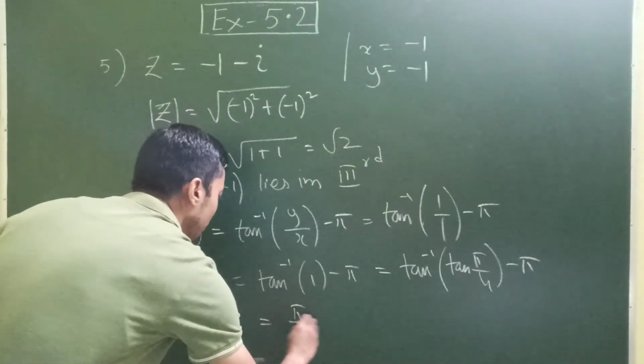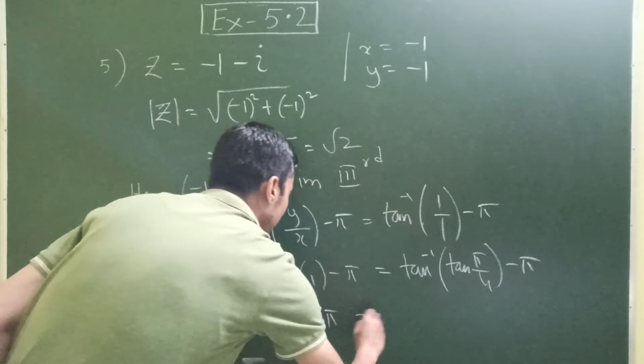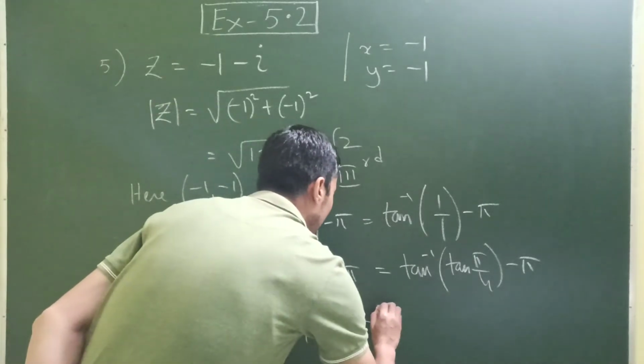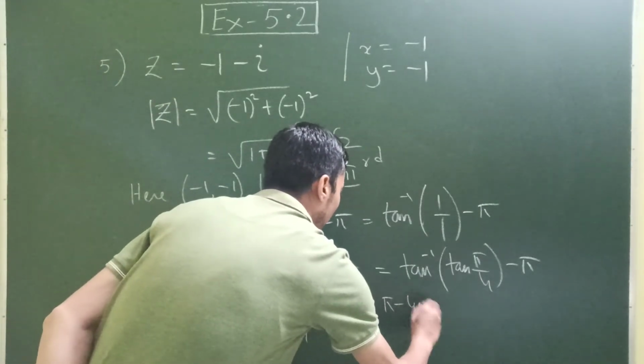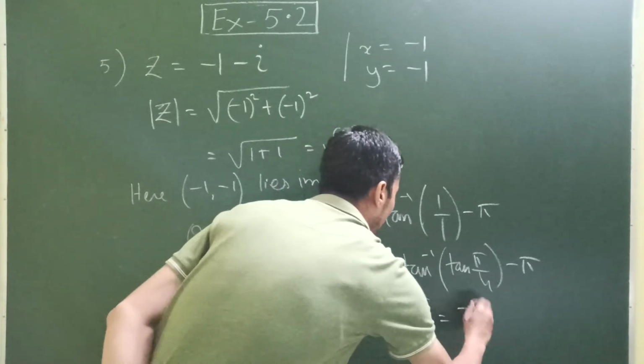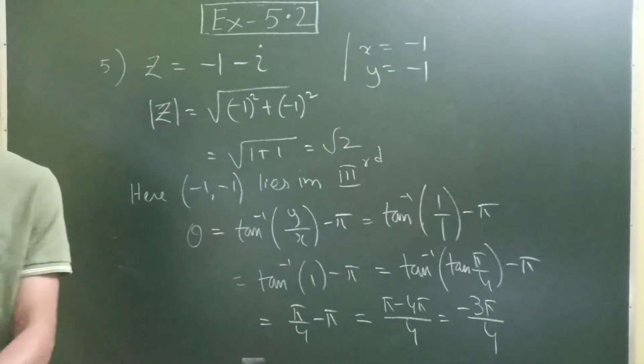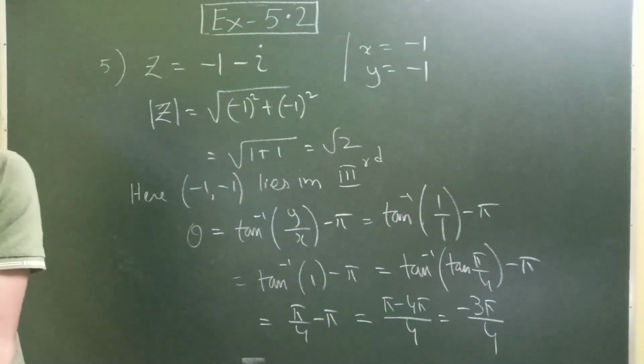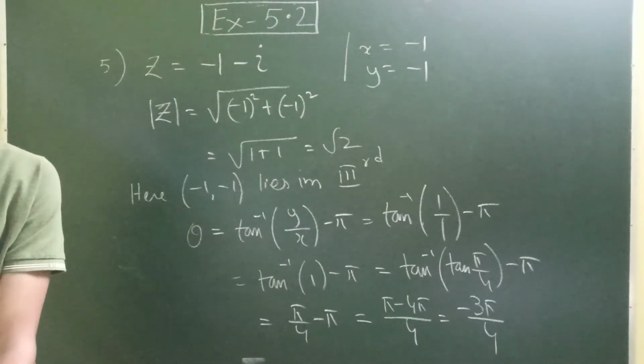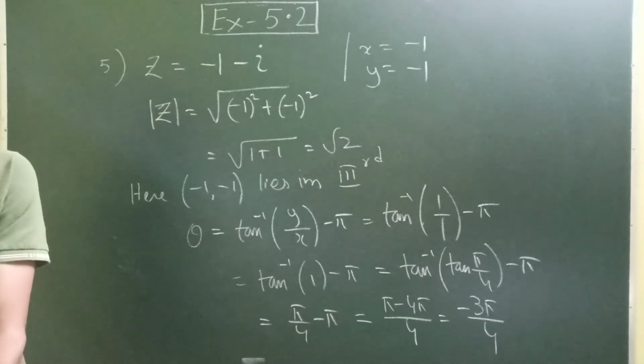So we have pi by 4 minus pi. So that's going to be pi minus 4 pi upon 4. That will be minus 3 pi upon 4. This is question number 5. Minus 3 pi upon 4.